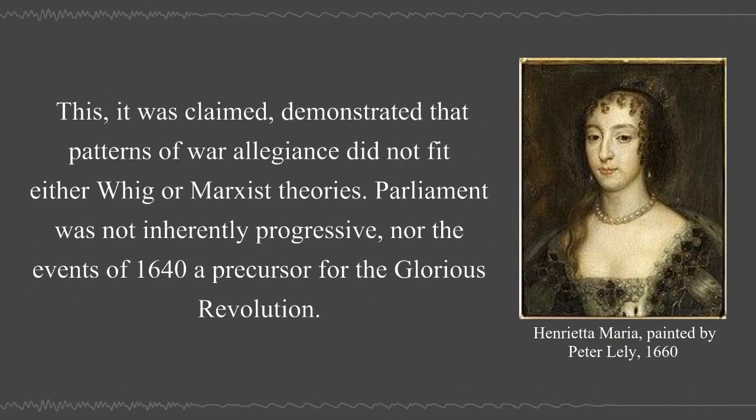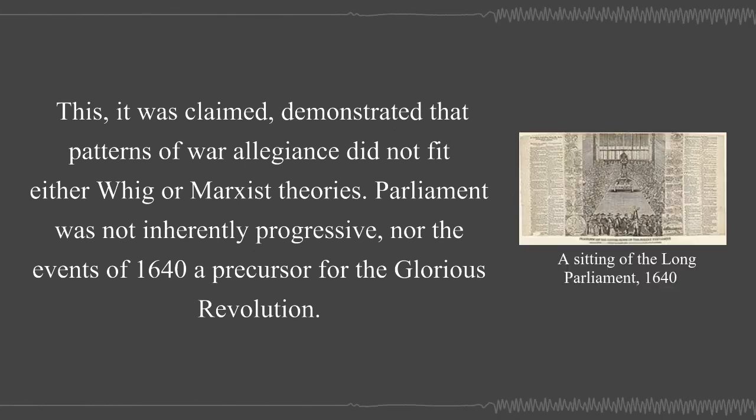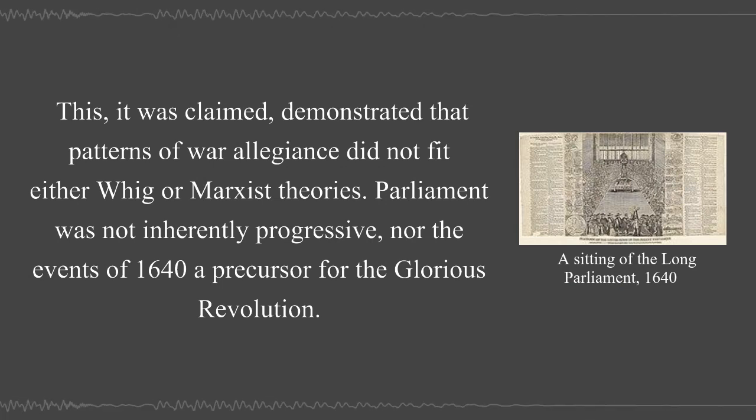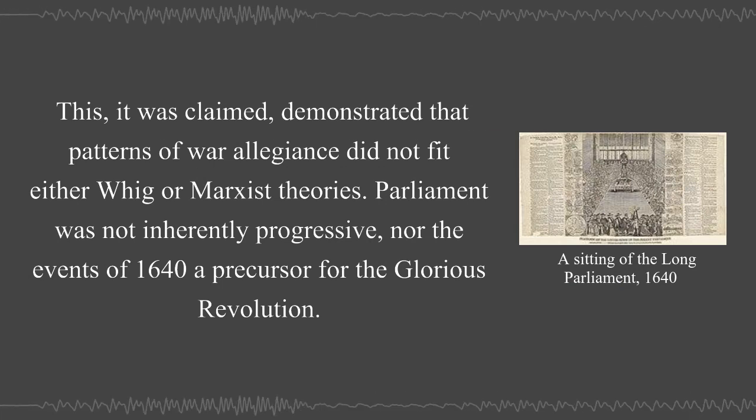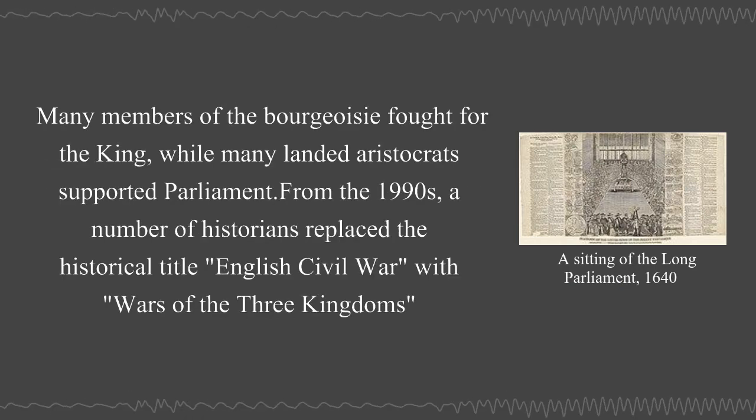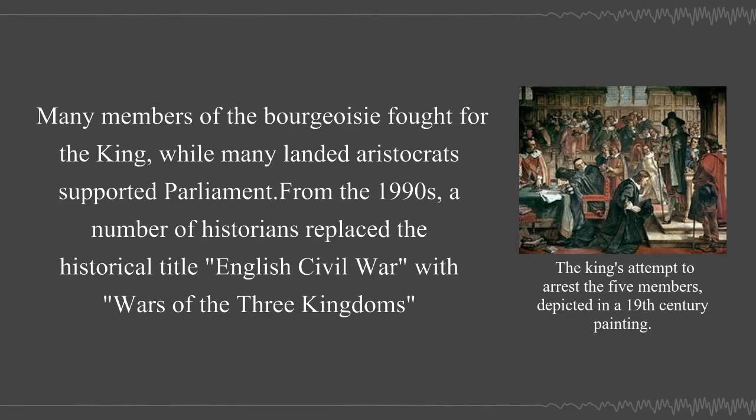This, it was claimed, demonstrated that patterns of war or allegiance did not fit either Whig or Marxist theories. Parliament was not inherently progressive, nor were the events of 1640 a precursor for the Glorious Revolution.